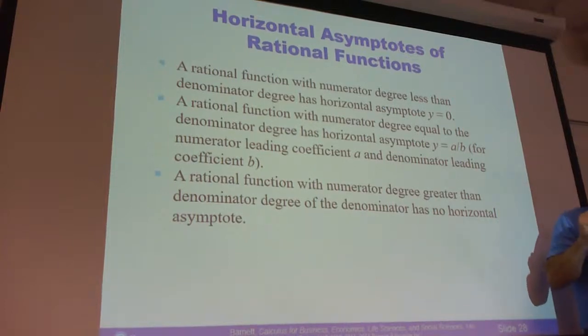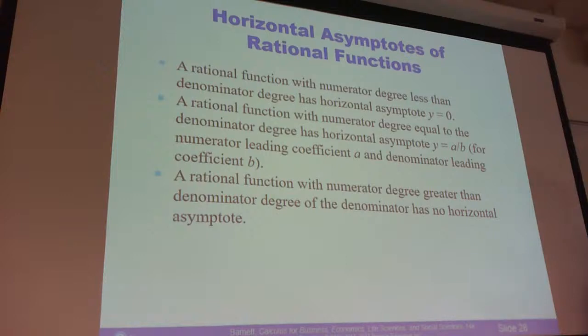Number 2, a rational function with numerator degree equal to the degree of the denominator: you look at the leading coefficient divided by the leading coefficient. And the last one, if the numerator degree is greater than the degree of the denominator, there is no horizontal asymptote.